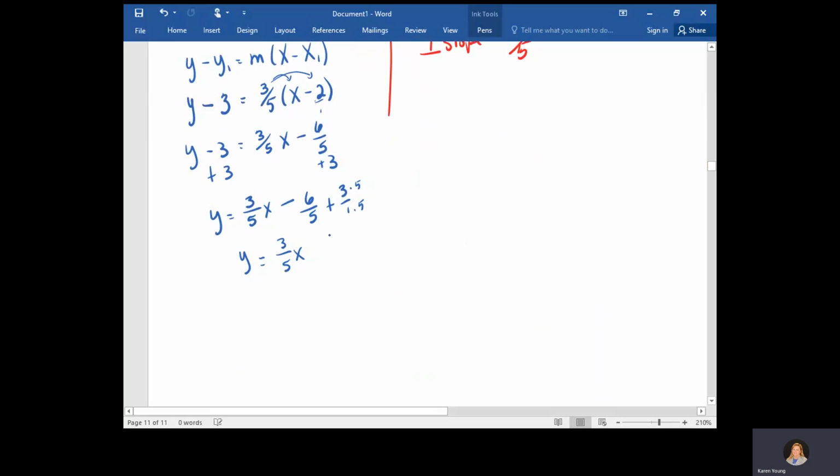I still have y equals 3/5 x minus 6 over 5 plus 3 times 5 is 15 over 5. So minus 6 plus 15, 9. Yeah. So it's going to be plus 9. Yes. There's my perpendicular equation.